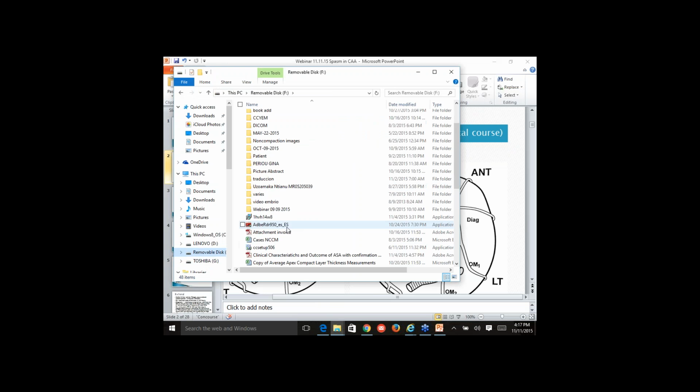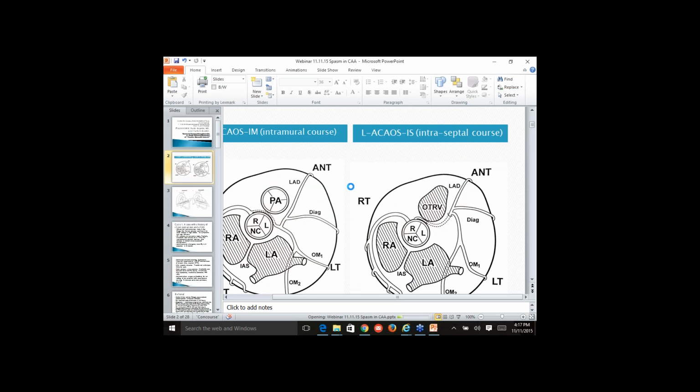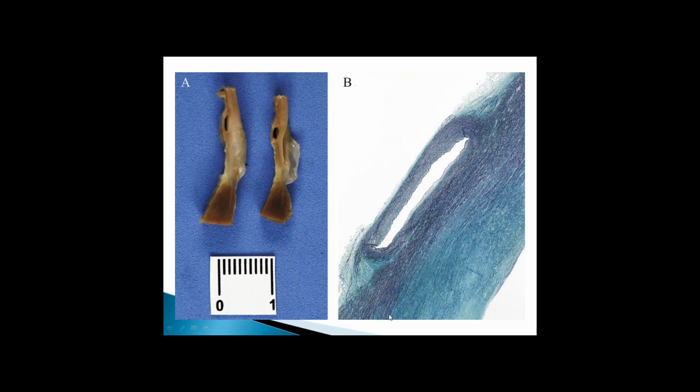Basically, we are talking about explaining mechanisms of coronary insufficiency in patients with coronary anomalies. Initially, the problem was explained with anatomy, and this is what you see here in the autopsy of a young girl that died of sudden cardiac death during exercise.